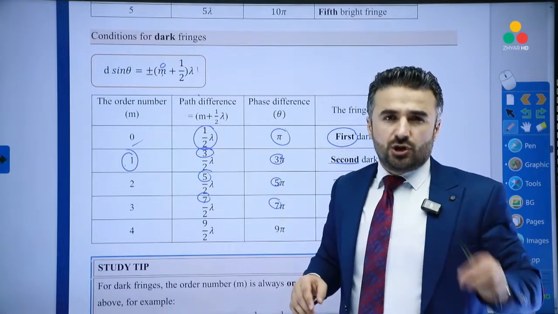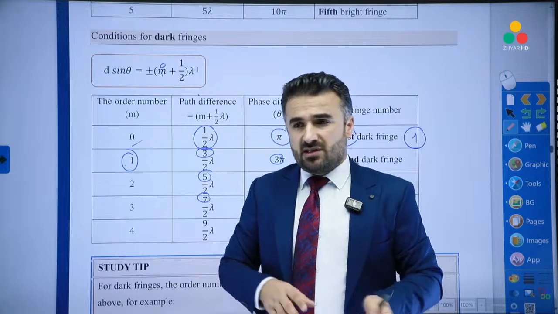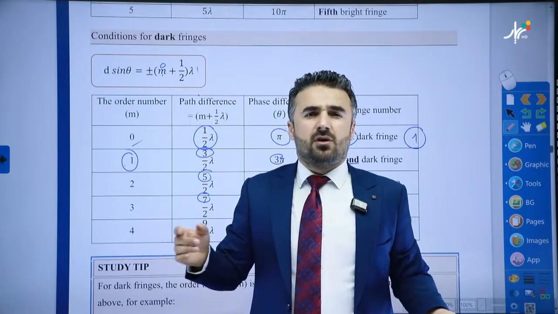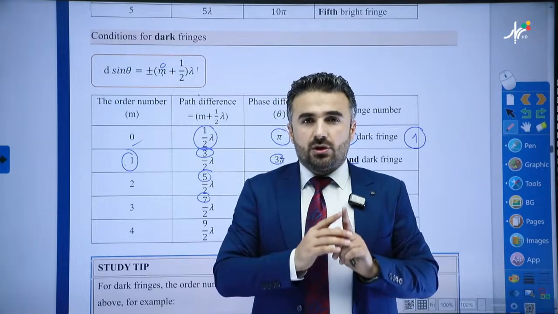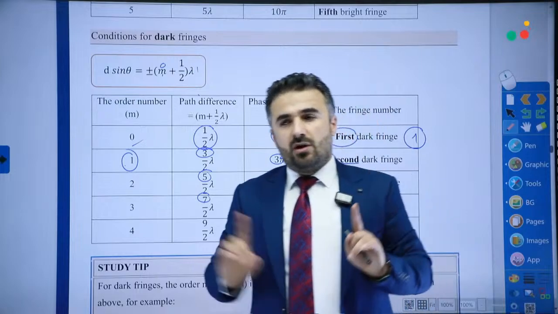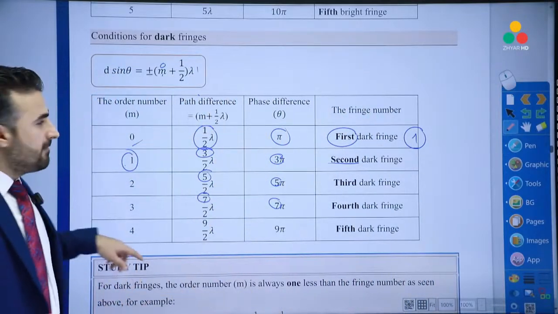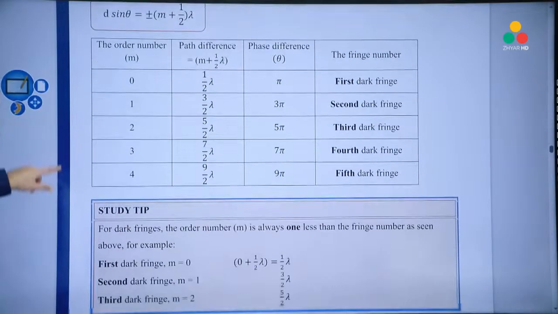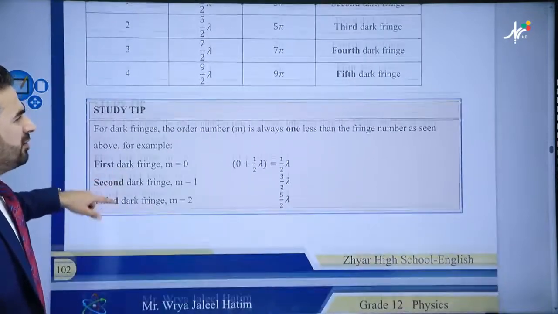If I say the first dark fringe, perhaps this is the point where you might make mistakes, because it says the first here, you might just go ahead and use m equal to 1, but no, it is always minus 1. So the first dark fringe means m is 0, because 1 minus 1 is 0. We said always the fringe number minus 1 to get the order number. And once you master this, inshallah, you will have no problem later on.